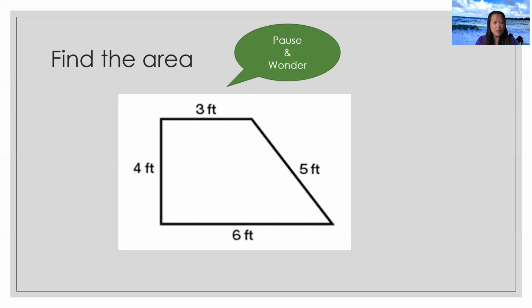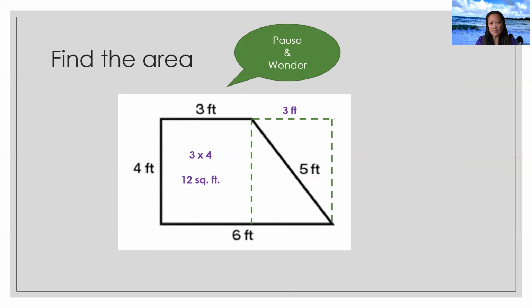I am thinking that I could draw a line right there, and that's a 3 by 4, so that's 12 square feet. Then the other triangular part is half of that green rectangle there.